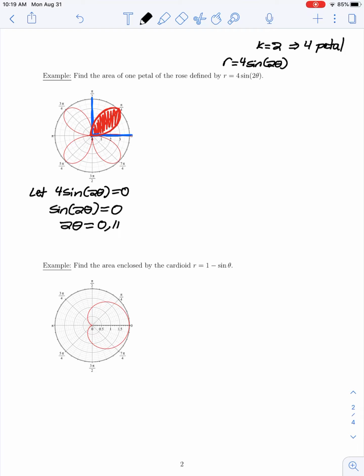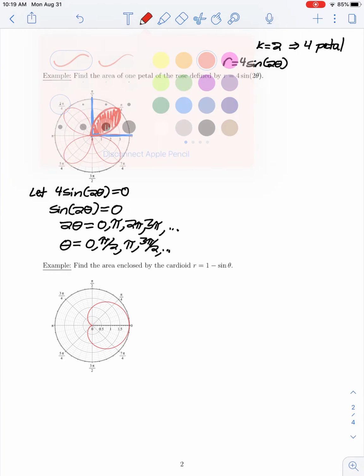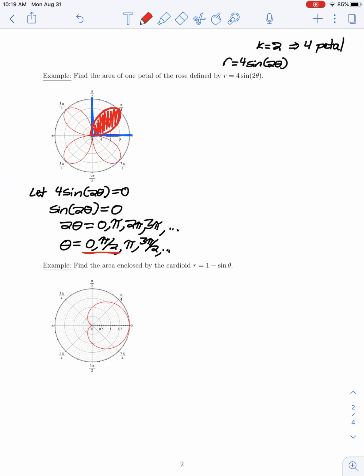So 0, positive pi, 2 pi, 3 pi, and so on. So solving for theta, we could divide by 2, and we would have 0, pi over 2, pi, 3 pi over 2, and so on. So this first petal is traced out on that initial theta interval from 0 to pi over 2, which we can also see from the indicated figure.